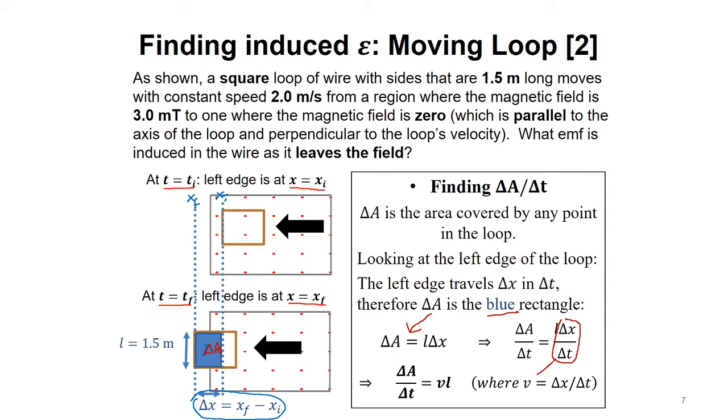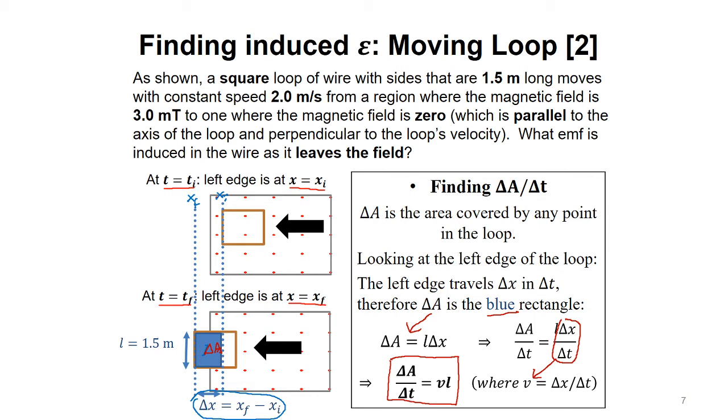Now let's look at delta x over delta t. That is the definition of velocity. We know velocity is distance over time, so that's delta x over delta t. This gives us our final equation: delta A over delta t equals velocity multiplied by length.